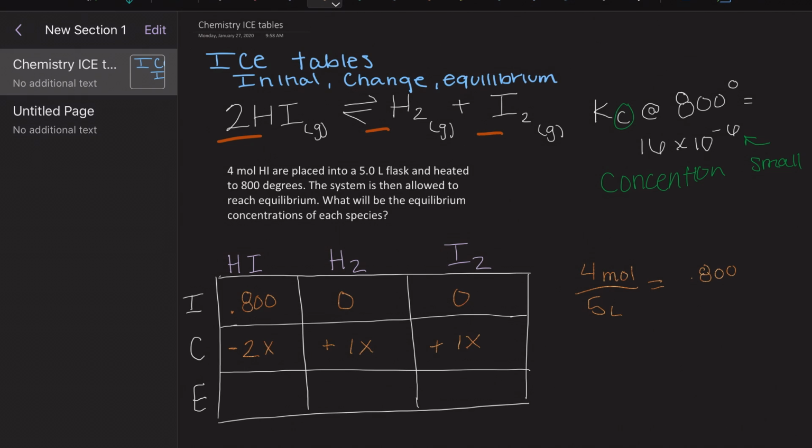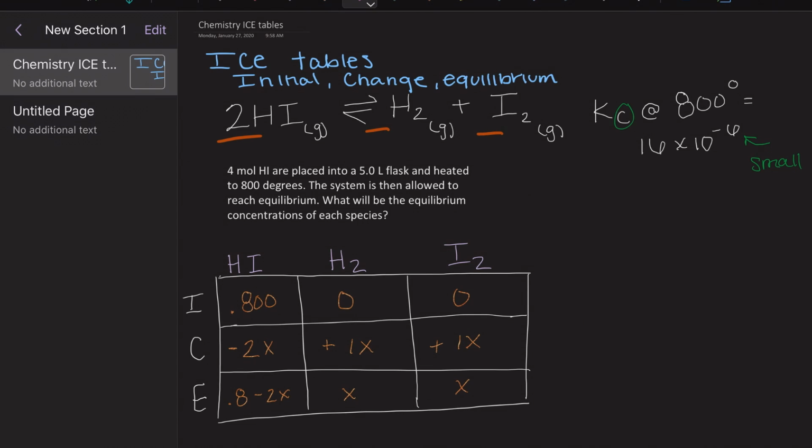And then for our equilibrium, we'll just substitute in that x. So we will do down here 0.8 minus 2x, and then we'll just get x for both of our products. That's how you would go about filling in an ice table when you don't know the equilibrium concentrations at all.